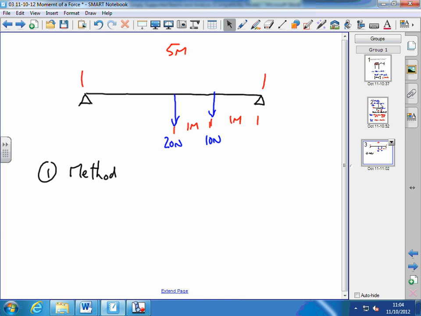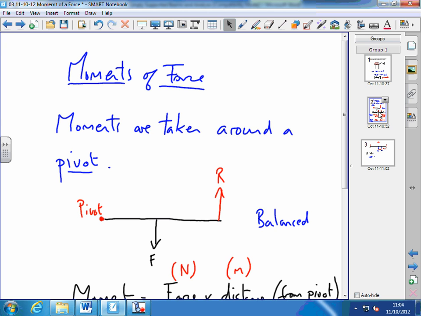What we do is we add up all the clockwise moments, and then we add up all the anti-clockwise moments, and then we put them equal to each other. So I will label, first of all, I'm going to do the clockwise moments. But the clockwise moments and the anti-clockwise moments that we're going to work out are all about a pivot.